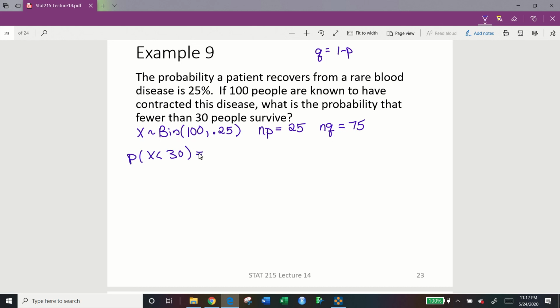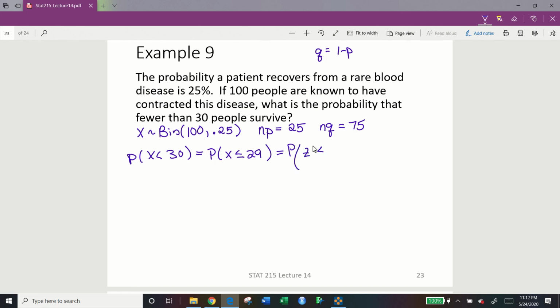We want to know what is the probability of x being less than 30. Because this is talking about the binomial distribution, which is a discrete distribution, we can't actually do x is less than 30 directly. We have to do the probability of x less than or equal to 29, which now we will convert into our z-score.